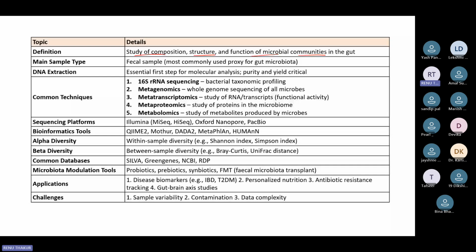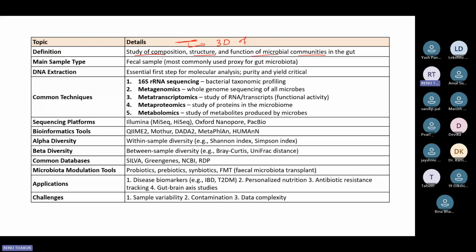So how can structure be determined? Because through sequencing, you will get the nucleotide sequence. So through nucleotides, you can convert it into codons, the protein coding genes. So through that, you can predict the 3D structure of any gene, any molecule. And there, how you can know the function of the microbial communities in the gut.